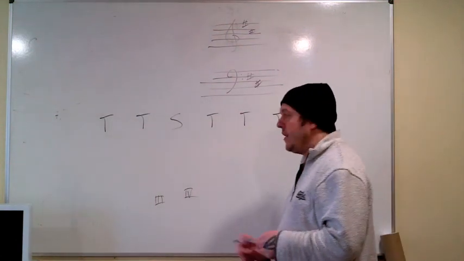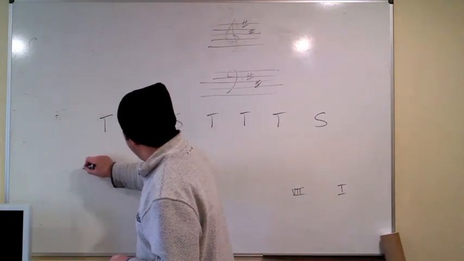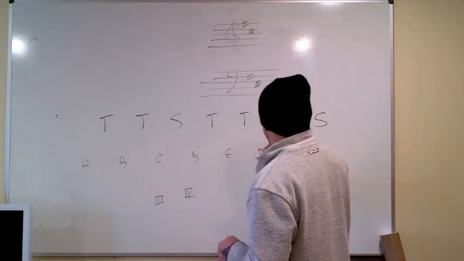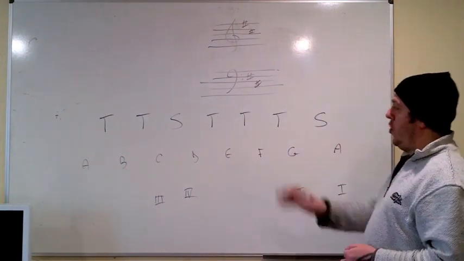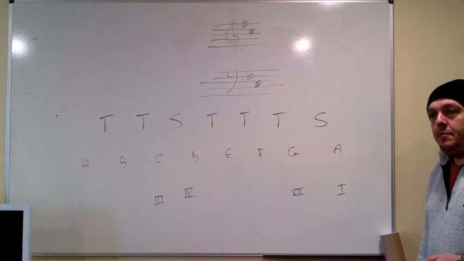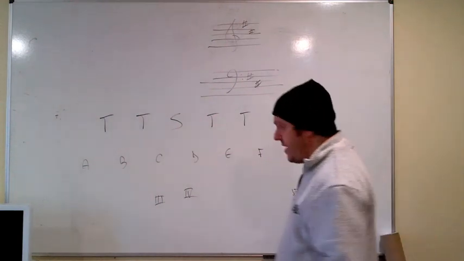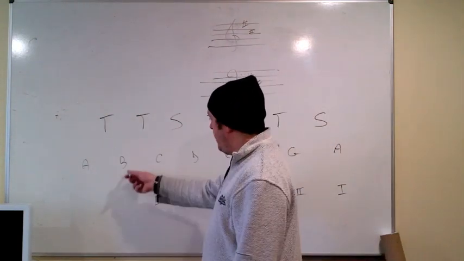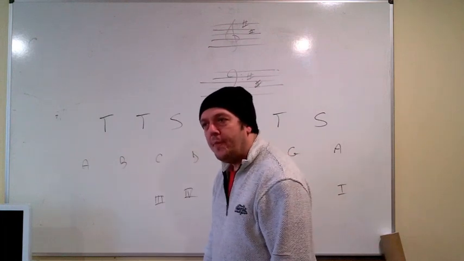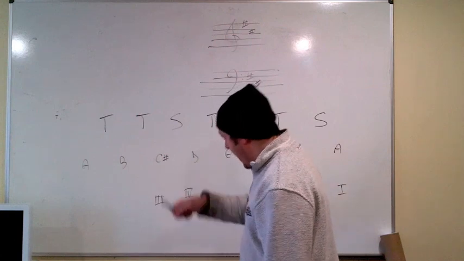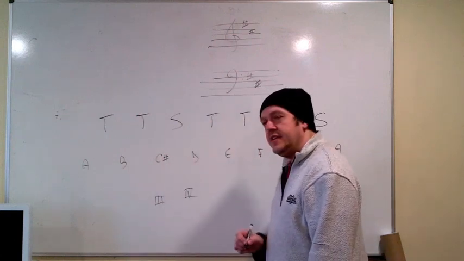So the next one, A. All the notes from A to A. I need to pull out a major scale. Let's check. A to B, tone, yes. B to C, tone, no. Needs to be a C sharp. Now I have a semitone between C sharp and D.